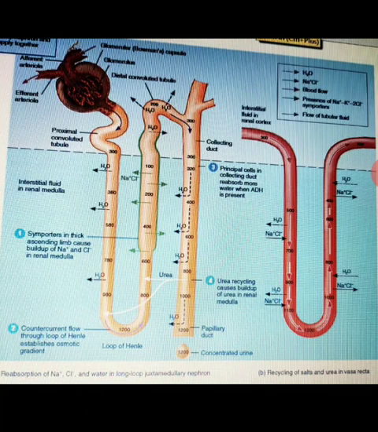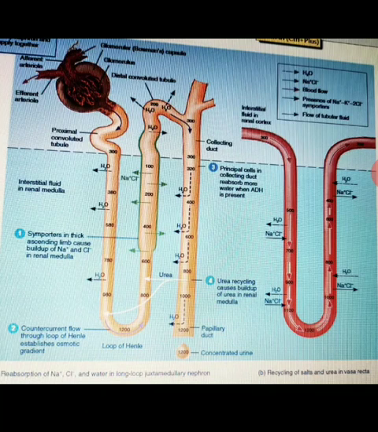The descending limb of the loop of Henle is very permeable to water but impermeable to solutes except urea, because the osmolarity of the interstitial fluid outside the descending limb is higher than the tubular fluid within it. Water moves out of the descending limb via osmosis. When water goes out, only salts remain, so this causes the osmolarity of the tubular fluid to increase.